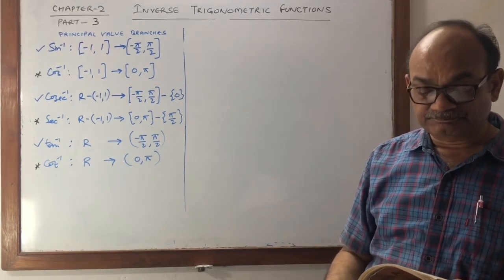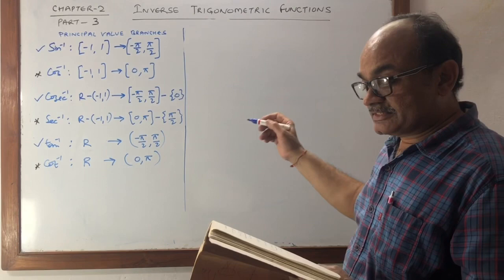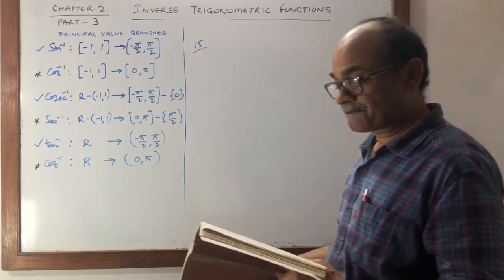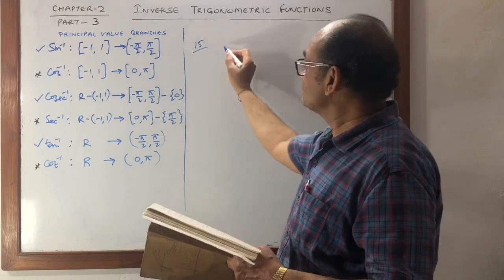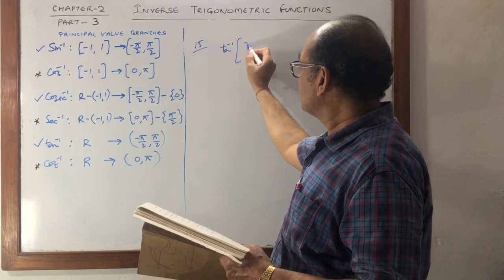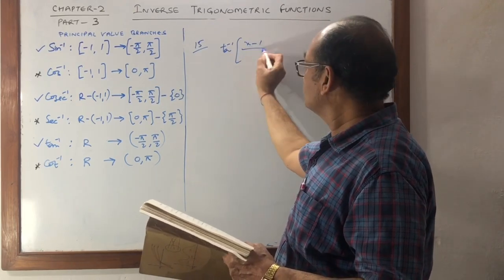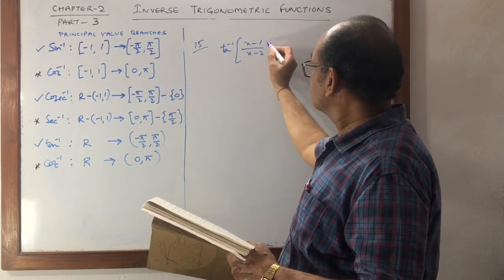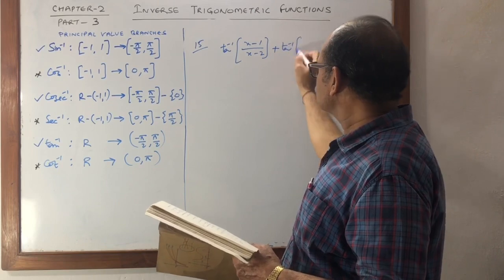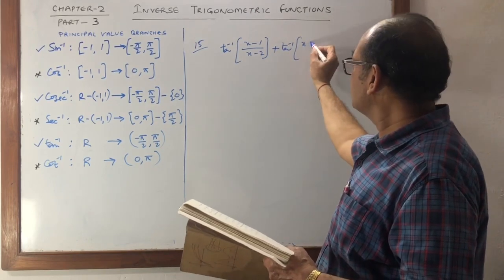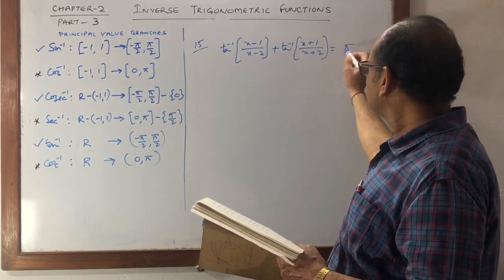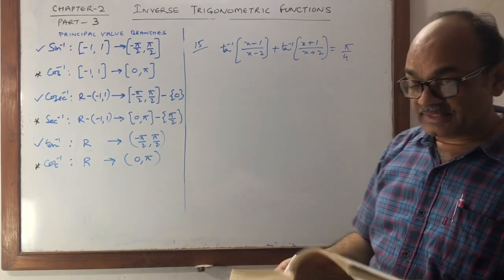For example, say number 15: tan inverse of x minus 1 upon x minus 2 plus tan inverse of x plus 1 upon x plus 2 equals pi by 4. Then find the value of x.